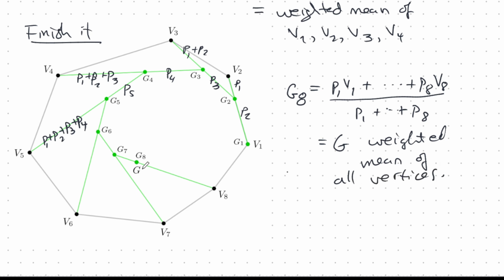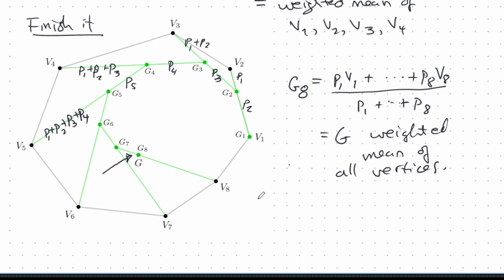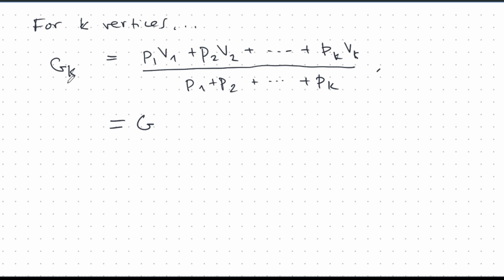And you notice that when I did this computation, the G8 is now exactly on top of G. The green dot has replaced the black dot, and we have done it. Our G8 is, in fact, the weighted mean. For K vertices, this result looks like this. My kth G is actually my final answer, and this is the weighted mean.